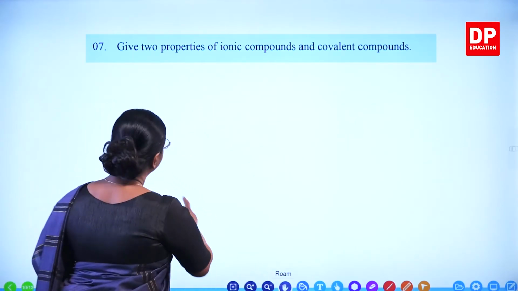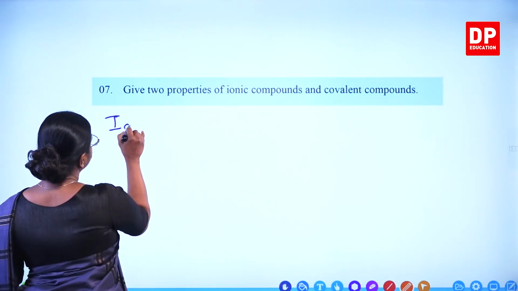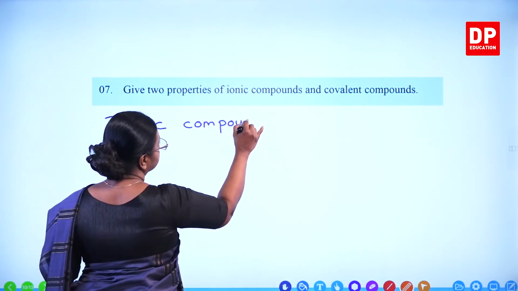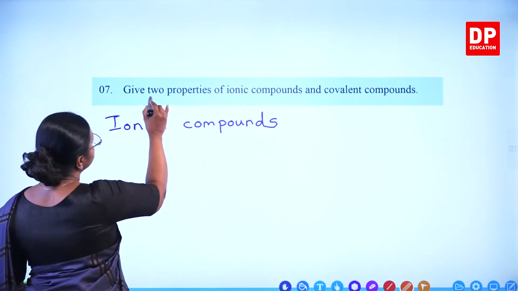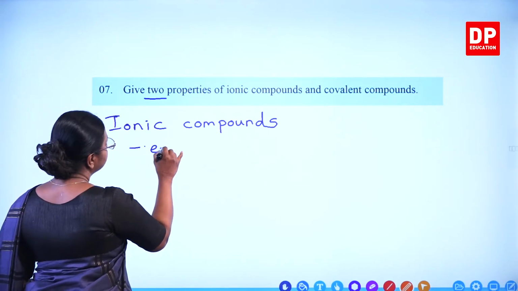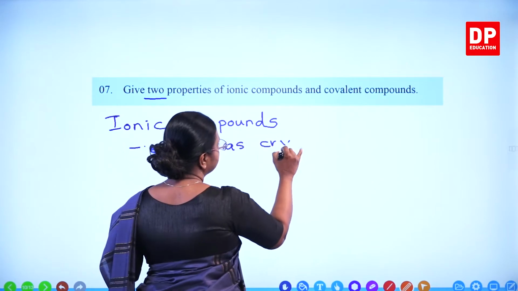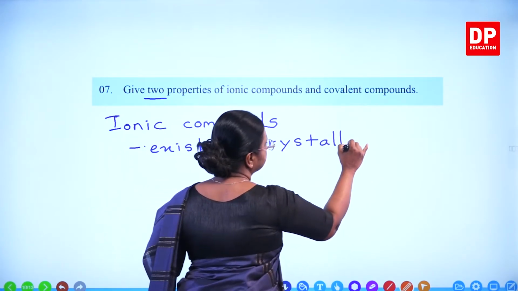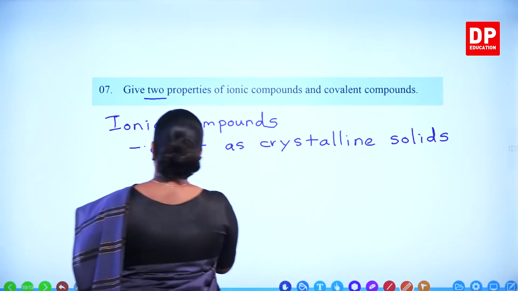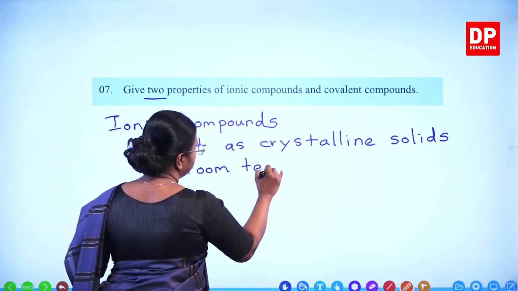So here if we write the properties, ionic compounds. So they have asked us to write two properties. So we can say they exist as crystalline solids at room temperature.